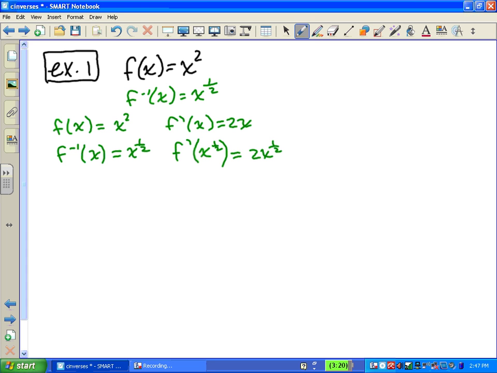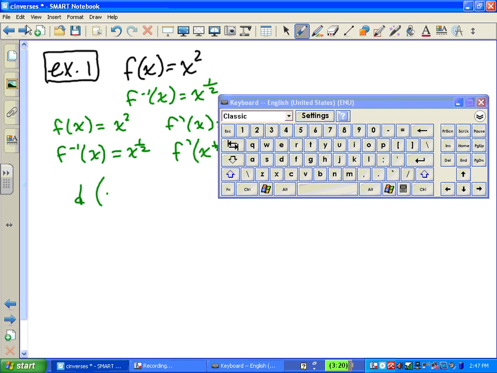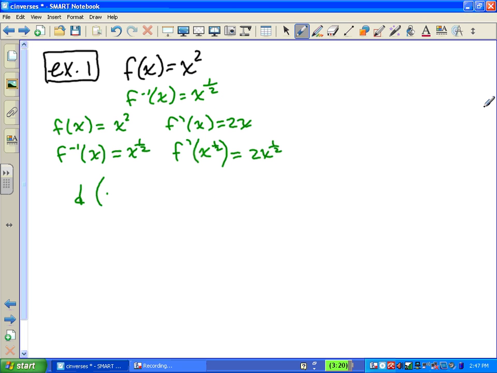Well, the derivative of f inverse, x to the 1/2, with respect to x equals 1 over 2x to the 1/2, which corresponds to other ways we have of finding the derivative of square root of x.